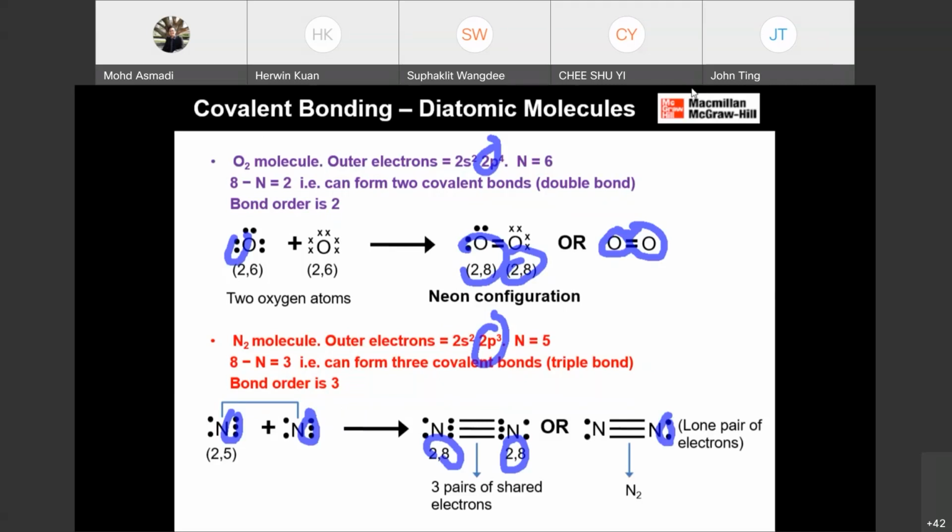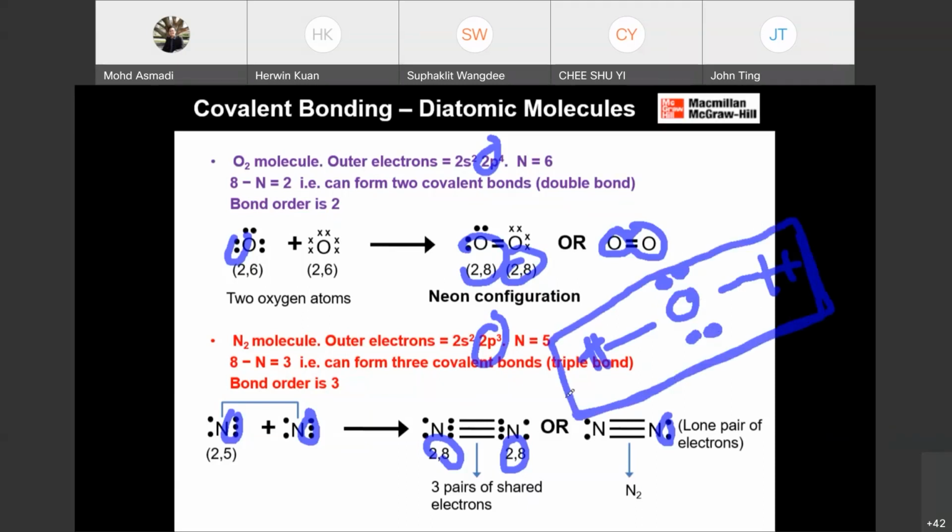Just based on observation, you might think the geometry of water is linear. But since there are lone pairs of electrons, the geometry is not linear anymore. So you have to know this geometry.